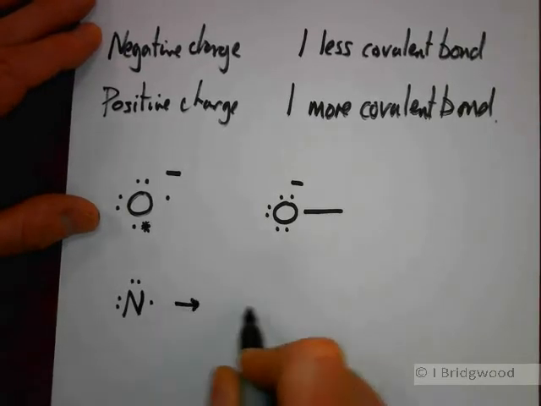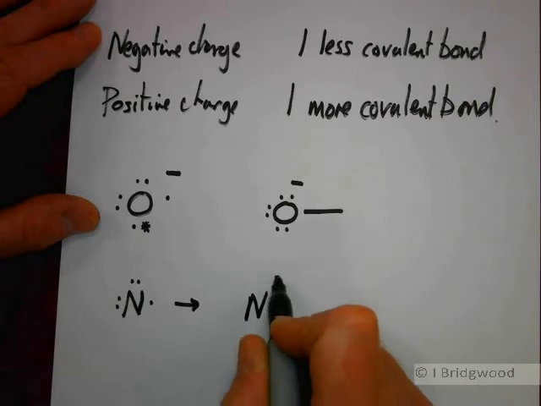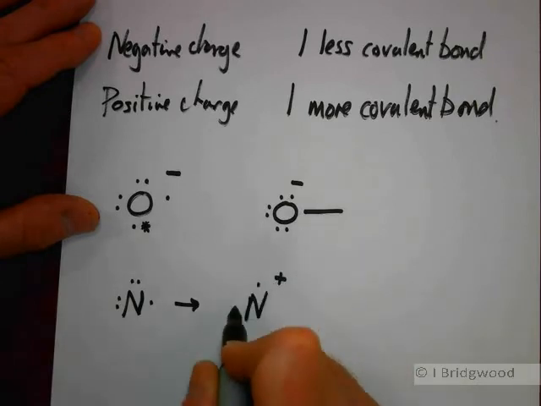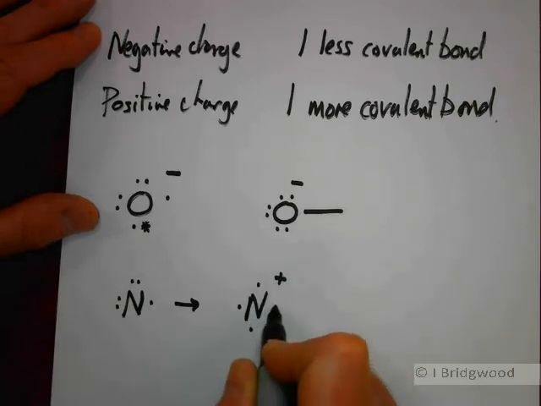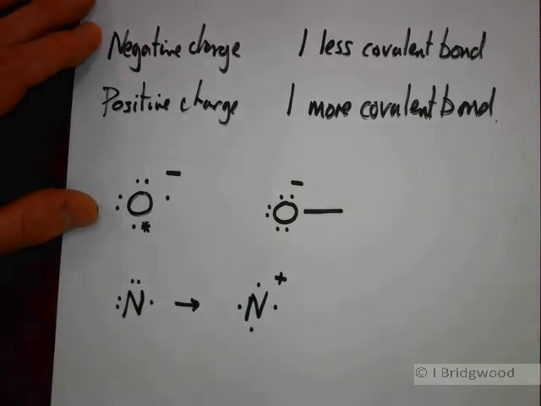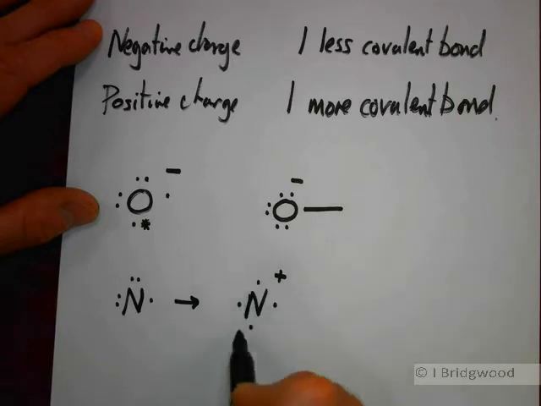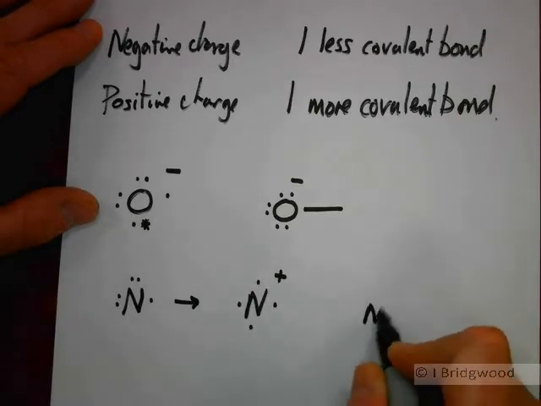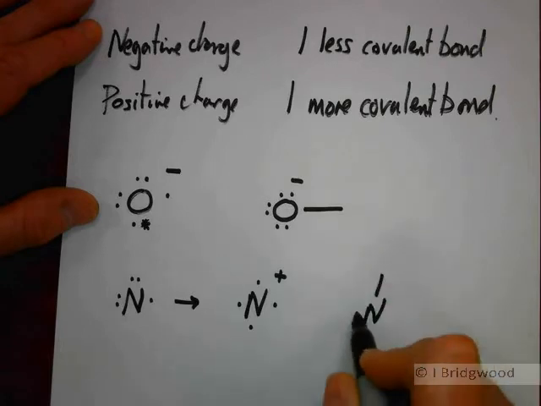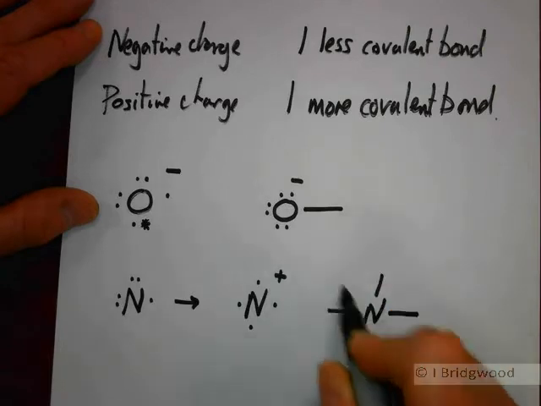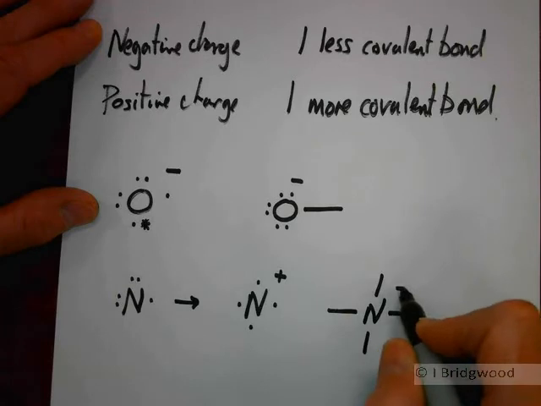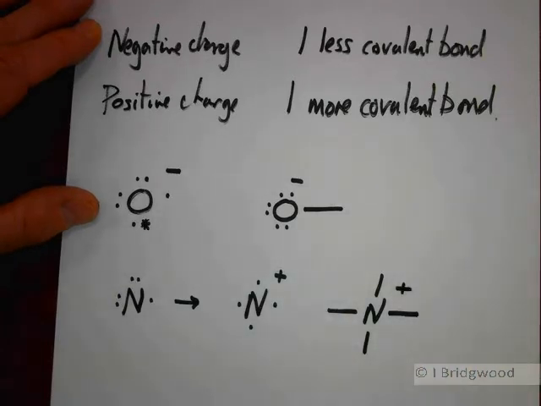Let's give it a positive charge like that, and that leaves us therefore with only 4 electrons. We're going to therefore need 4 more electrons to complete the octet with the N+ ion. So therefore we're going to need 4 extra electrons, 4 covalent bonds in that case.